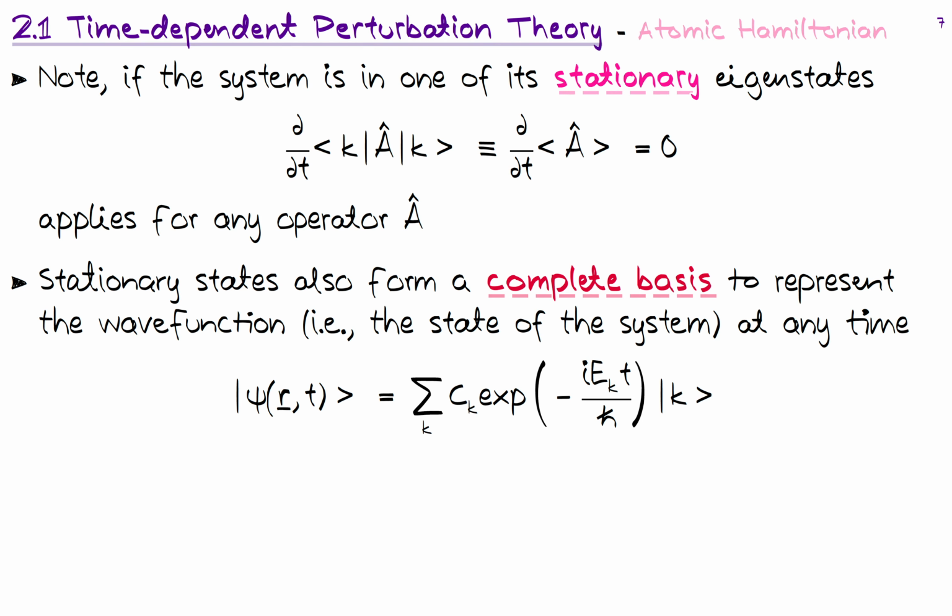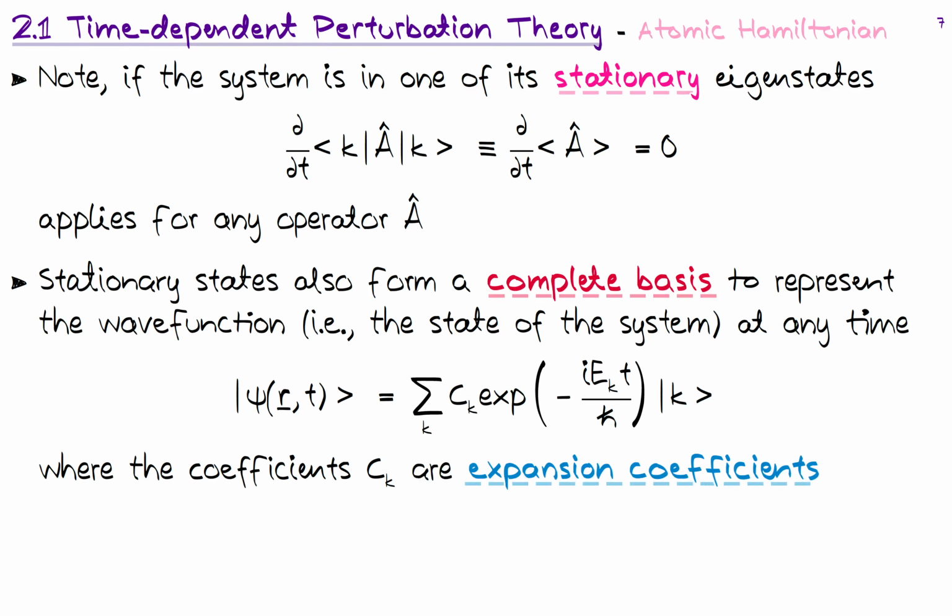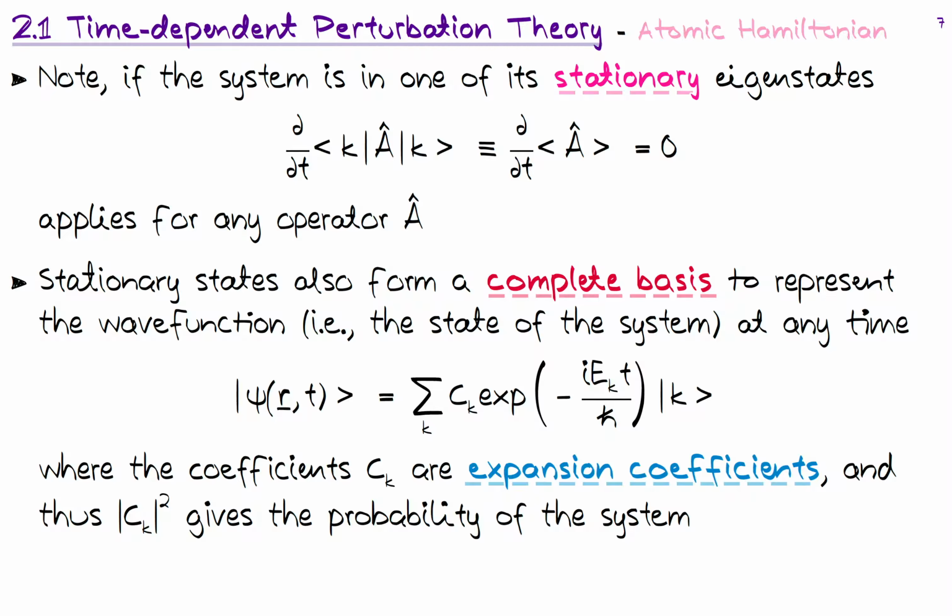So this is a way to say that we can form a complete basis using the stationary eigenstates. Here the c_k are the expansion coefficients I already mentioned, and if we did the math, these oscillating terms, the exponent i something there, vanish when we take the square modulus. So the square modulus of these expansion coefficients gives the probability of the system occupying a given eigenstate.